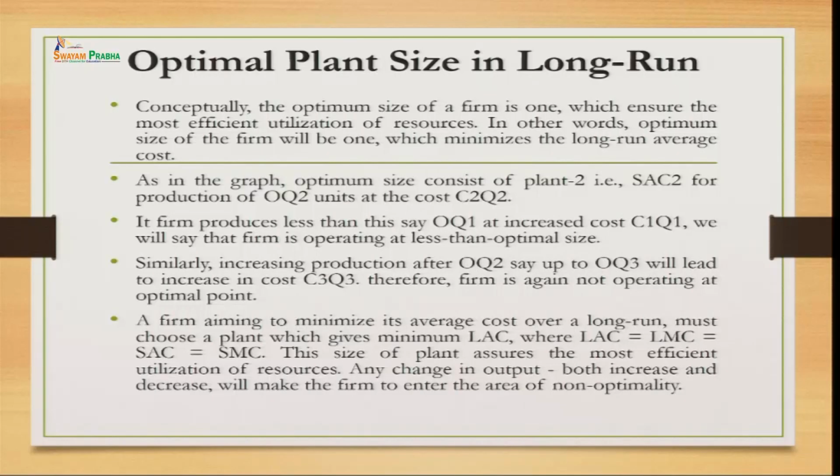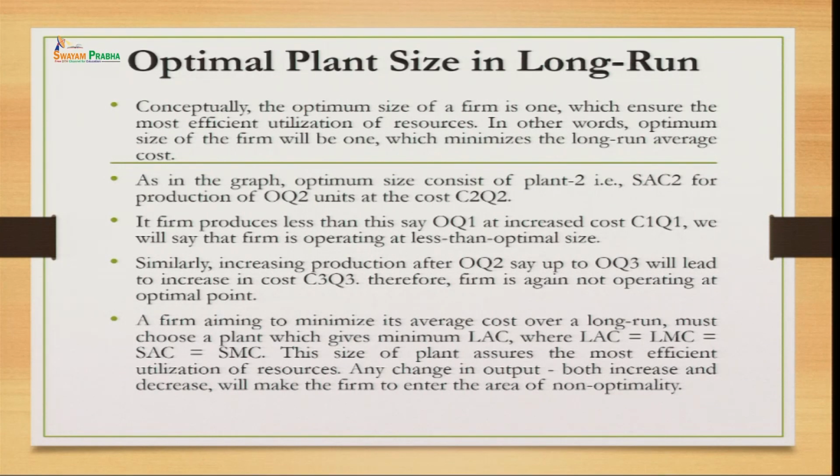Now, look at the optimal plant size in the long run. How are we going to make our production in the long run? Like we found our optimum point in the short run, up to which level we should produce so that our cost of production is minimum, the same is the case as we try to find the optimal plant size in the long run.